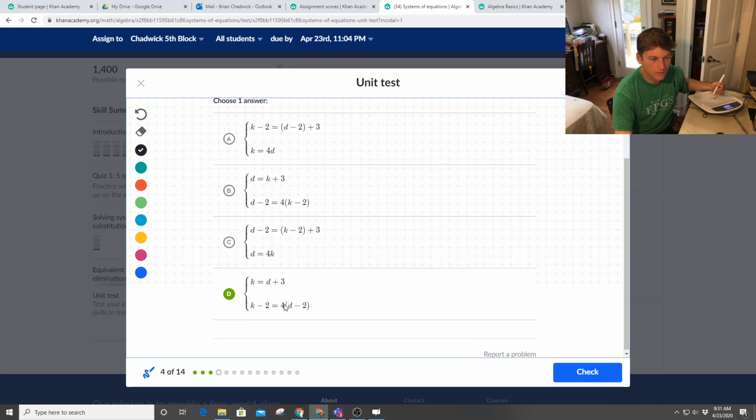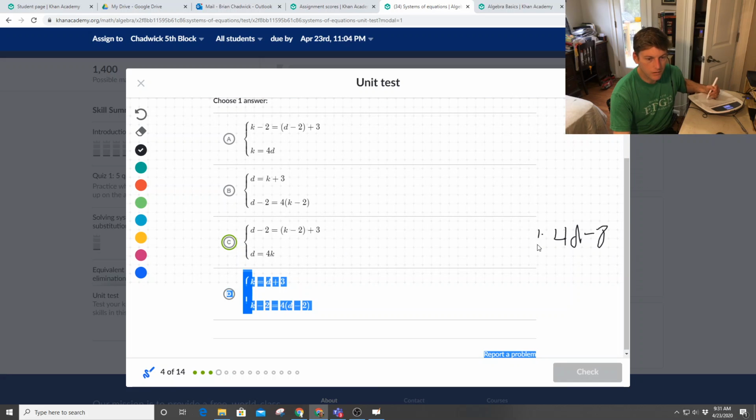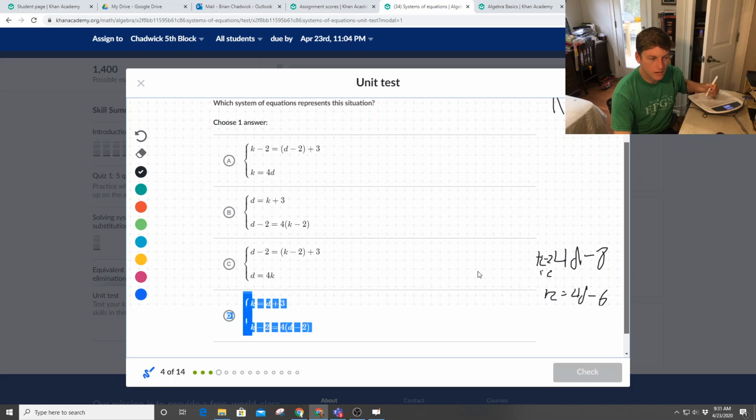What about this? 4D minus 2. So if we're writing this out, we'd have 4D minus 8 equals K minus 2 plus 2. So it'd be K equals 4D minus 6. I'm going to go with that.